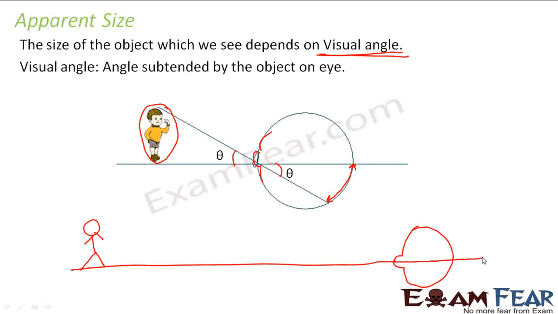So in this case, what is the angle subtended by this object now? It is somewhat like this. Even though the size of the object is the same in both these cases, just because the angle subtended in this case is different, therefore the apparent size is also different. Therefore we say that the size of the object which we see also depends upon the visual angle, that is the angle which the object subtends on the eye.